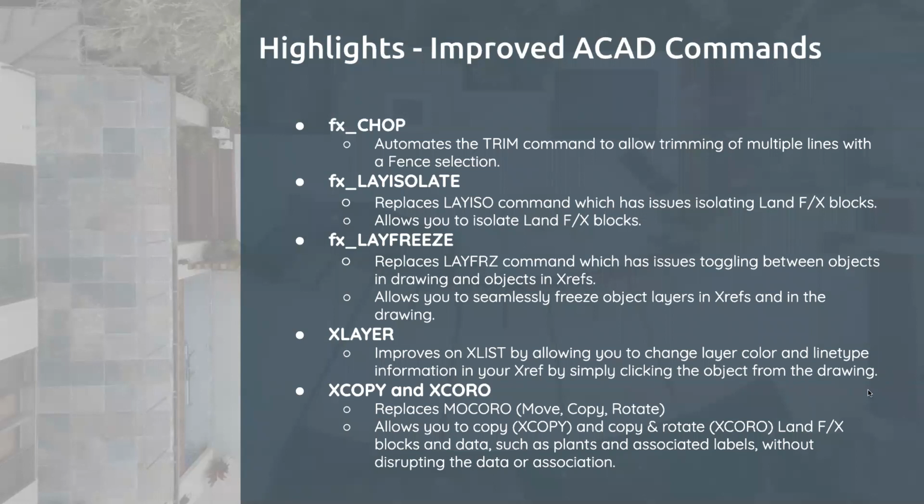So you can just click on land effects blocks and it'll just isolate those. FX underscore lay freeze replaces the lay freeze command, which has issues toggling between objects in the drawing and objects in the XREF. And now you can seamlessly freeze object layers in XREFs and in the drawings without having to adjust any of the settings for that command.